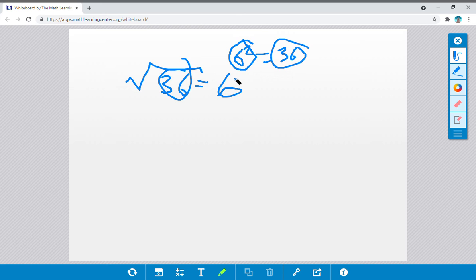So 6 times 6 equals 36. Those are the same numbers and also equal 36. And that is why 36 square rooted equals 6.